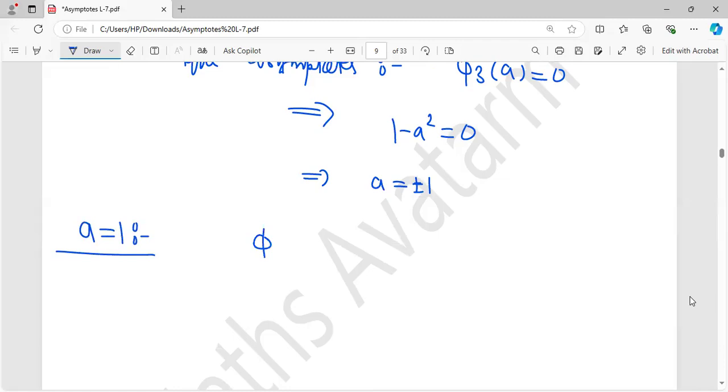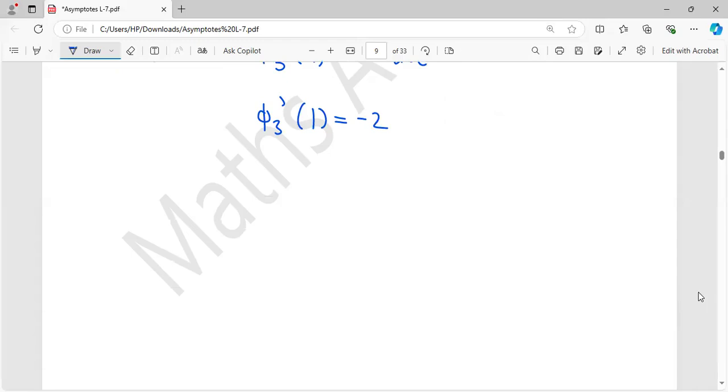So phi 3 dash, what is this? Phi 3 dash is minus 2a. So what is phi 3 dash at 1? Minus 2. So phi 3 dash at 1 is non-zero, so we have the value b. How to calculate the value of b?